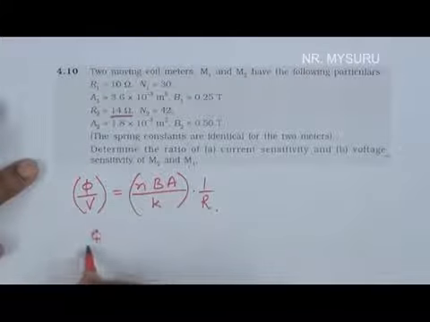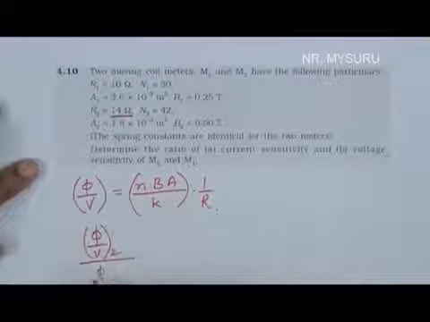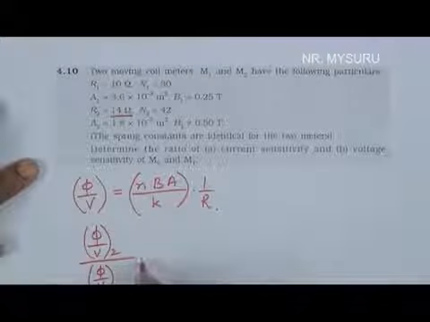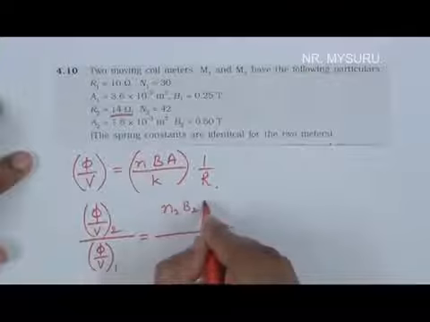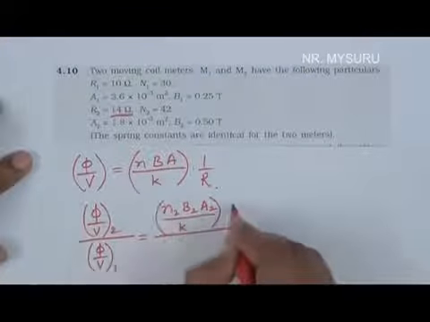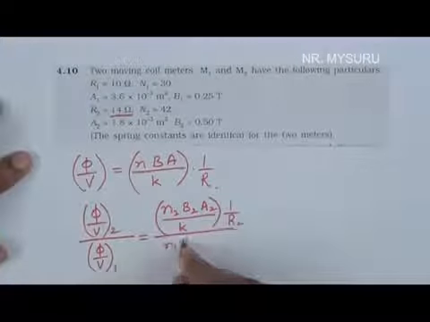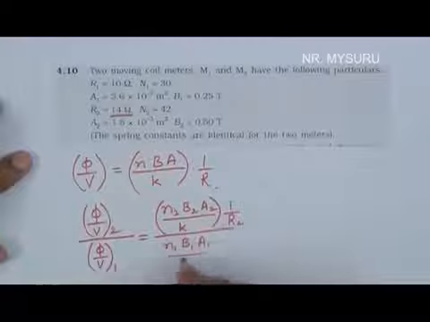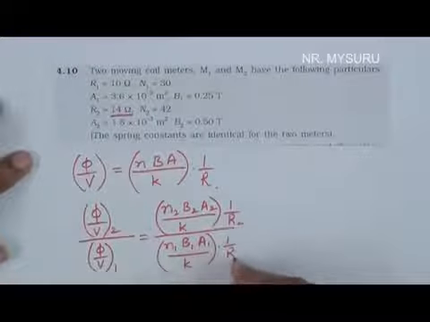So voltage sensitivity of the second coil by voltage sensitivity of the first coil equals N2 B2 A2 by K into 1 by R2, over N1 B1 A1 by K into 1 by R1.